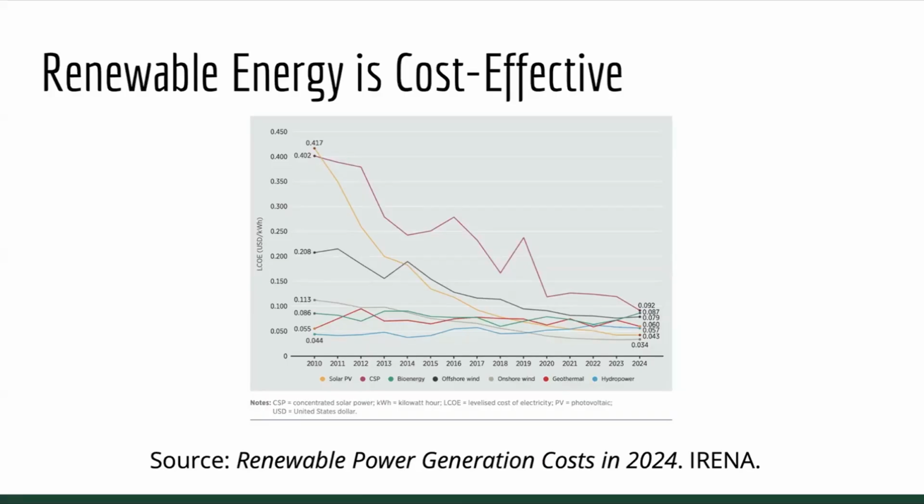But we do know, for example, that wind is going to blow, the sun is going to shine at least for a couple billion years, so we don't really need to worry about that. And then we can see, especially with the cost of solar power and wind power, there's been a pretty marked decrease over the last 15 years or so, to the point where now renewable energy is very cost effective.